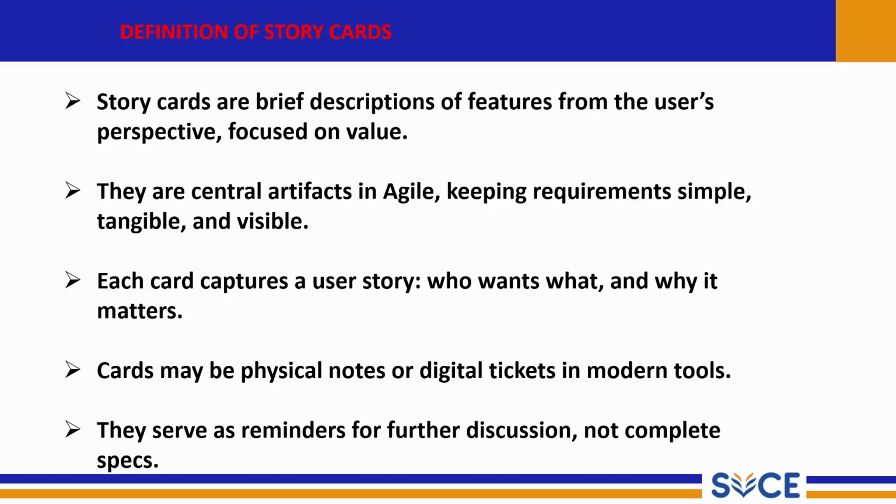Cards may be physical notes or digital tickets in modern tools, such as sticky notes on a board or tasks in Jira, Trello, etc. They serve as reminders for further discussion, not complete specs. The real detail comes from the conversation, not the card itself.